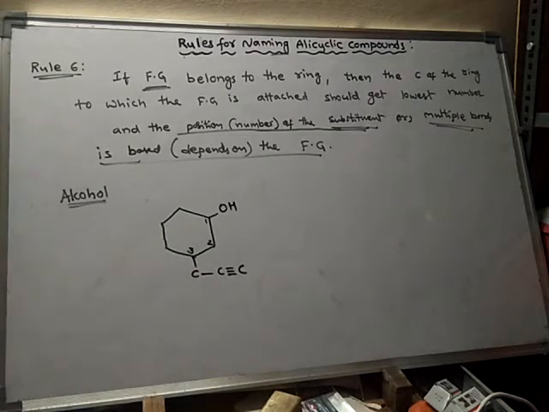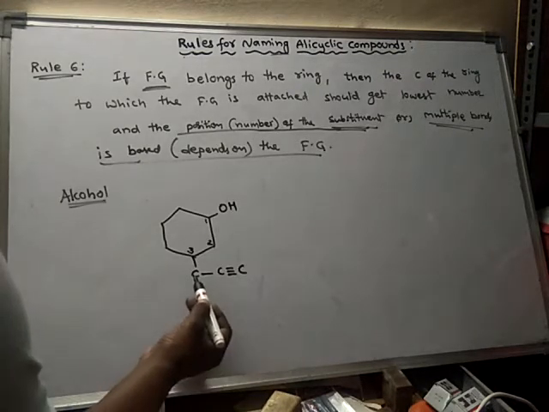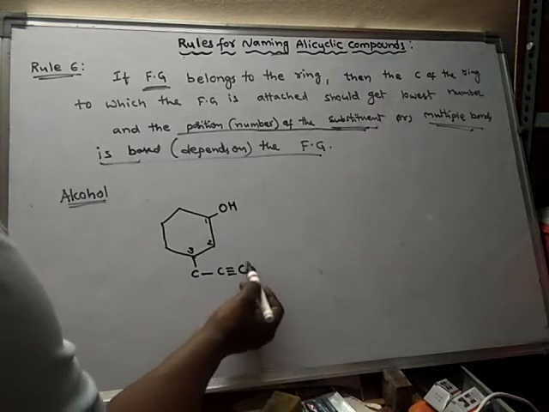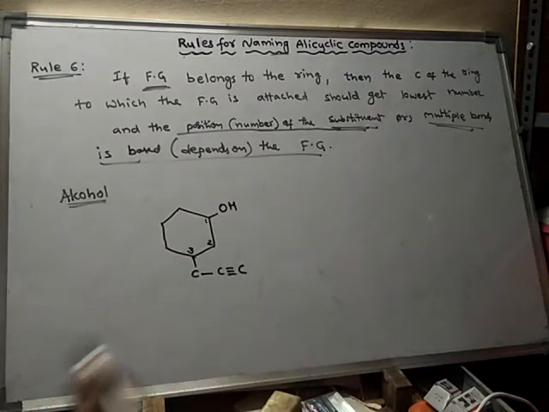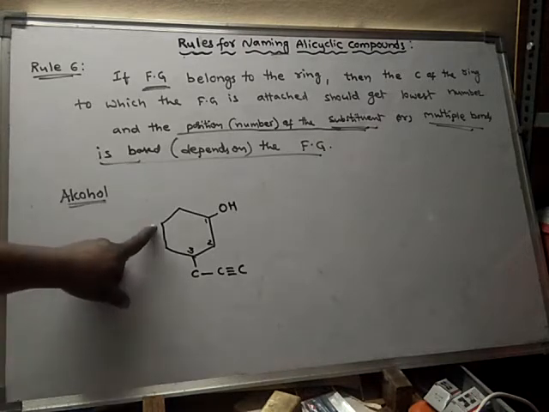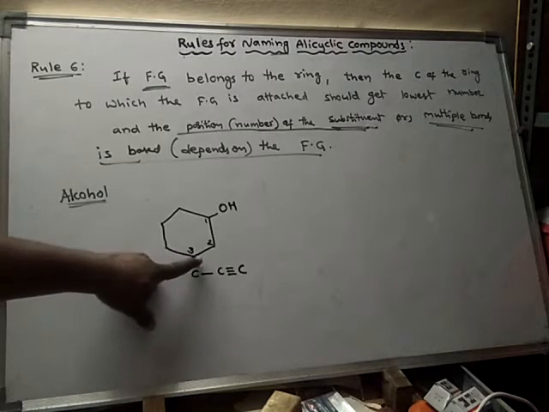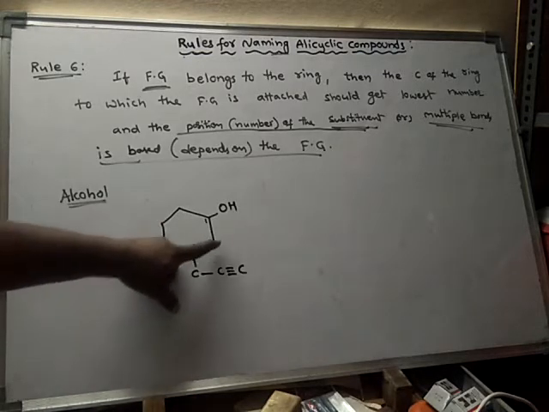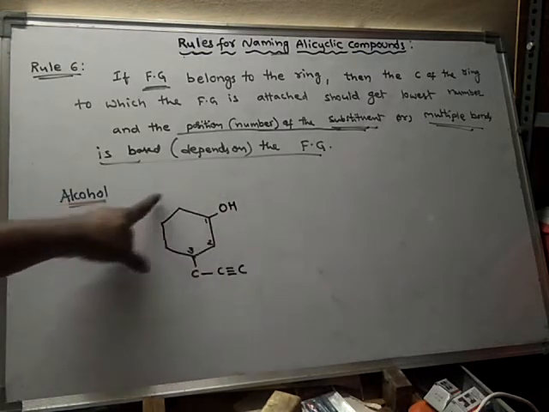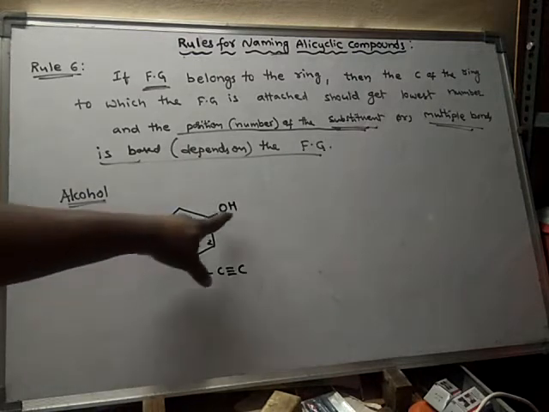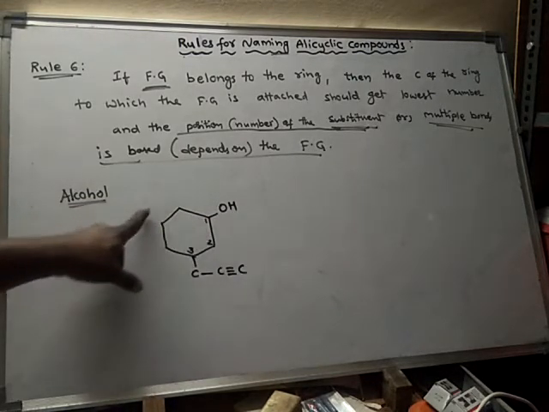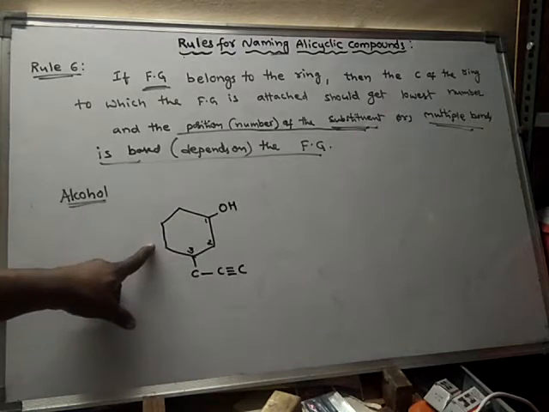So what is the name of this compound? If you observe closely, this side chain has multiple bonds. Here this is the ring, and this ring is treated as the parent chain, because when a functional group is attached to the ring, it is compulsorily treated as the parent chain.